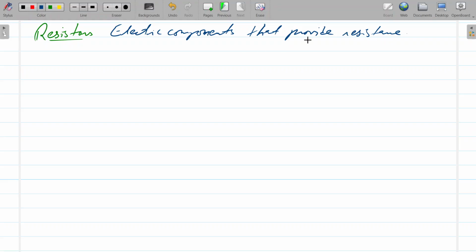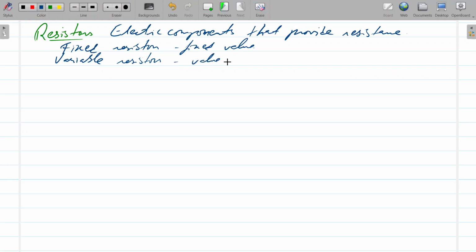So you have fixed resistors that obviously have a fixed value, and then you have variable resistors in which the value can be changed. What value? Value of what? Resistance. Yes, resistance, right? We're talking about resistance.